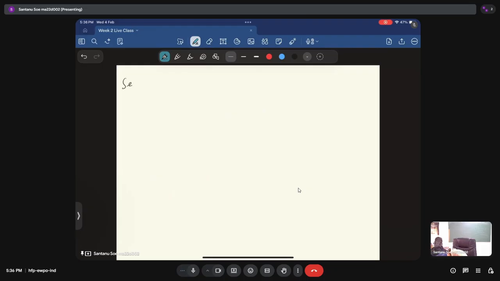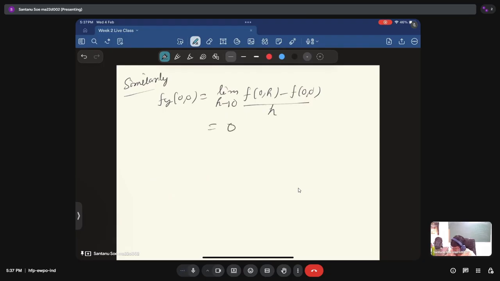Similarly, fy(0,0) is limit h tends to 0 of f(0,h) minus f(0,0) divided by h, and this is also 0. Okay.